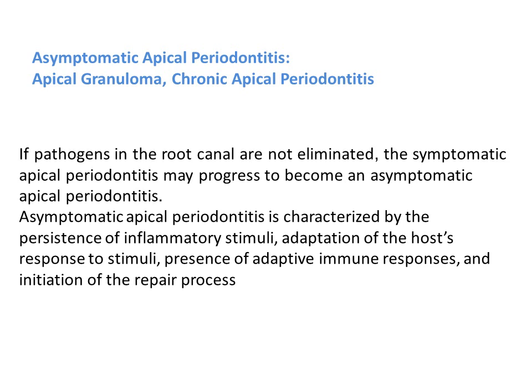If the irritants are not eliminated, which means I have a failure of root canal treatment, symptomatic periapical periodontitis may progress to asymptomatic periodontitis. It's characterized by persistence of the inflammatory stimuli, and the host defense mechanism will adapt to that stimuli, okay?